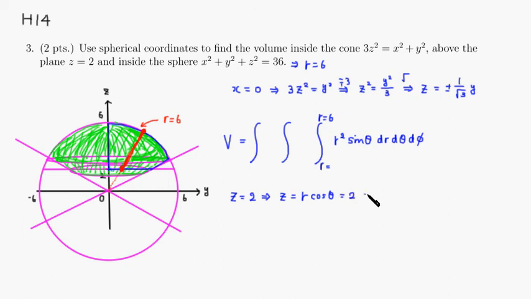Which means r is equal to 2 over cosine of theta. So this right here is r equals 2 over cosine of theta.